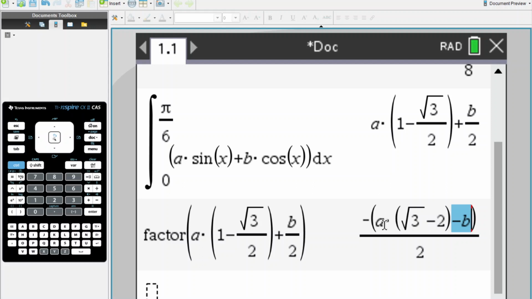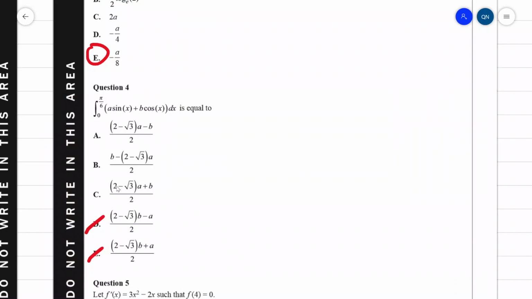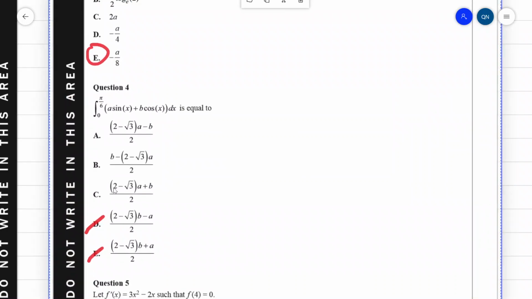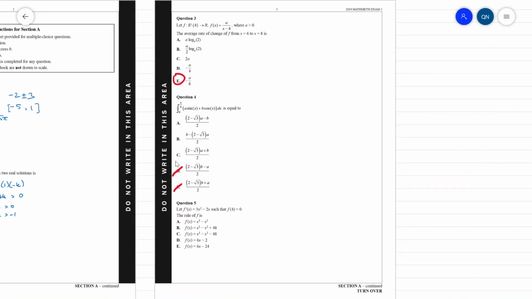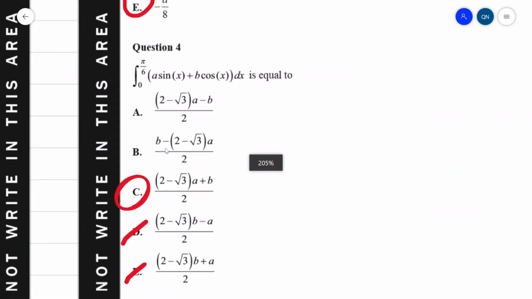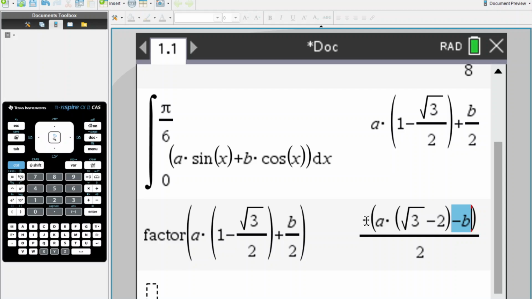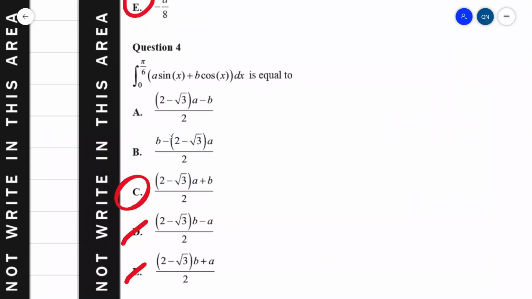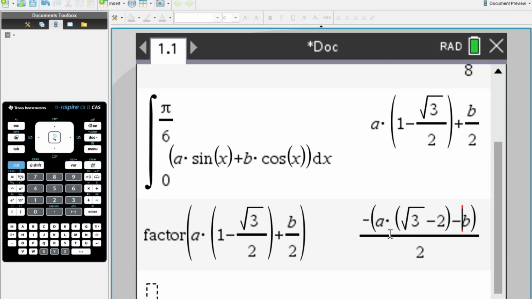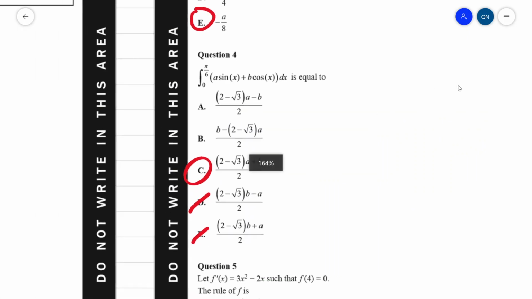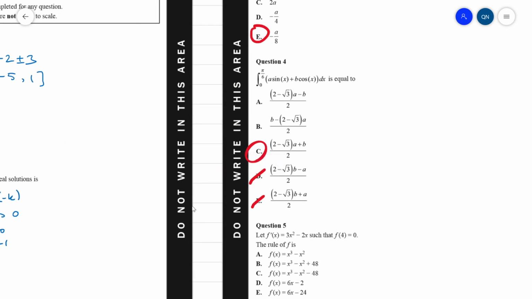So we want the coefficient of a to be 2 minus √3. So it looks like it's going to be option C. And it can't be B because we have a negative there, but we distributed that negative in, so it becomes a positive. Yeah, that should be right. And it can't be A because we have a negative b, when it should be a positive b after you distribute that negative.